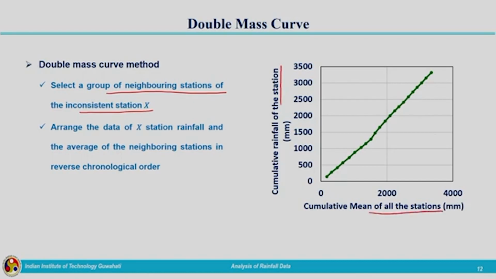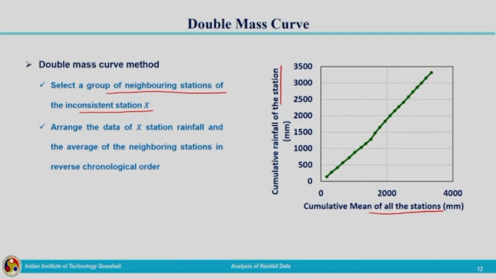All these two data are cumulative data. We plot the ordinates of the mass curve for the inconsistent station and the average of the neighboring stations.